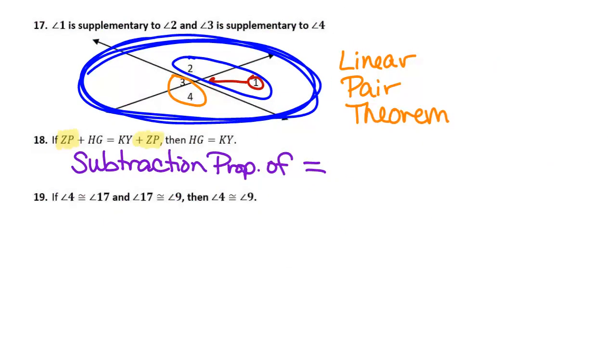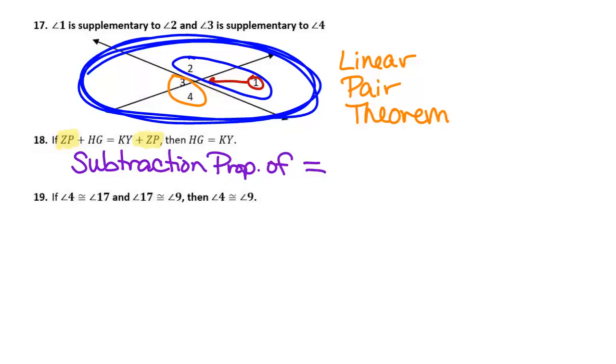Whenever I'm looking at these statements like this, we never write the property based on the if. We always write the property based on what changed between the if and the then. The if is just where I'm starting. We just take it at face value. And then what changed to give me my then? That's the property that got used.